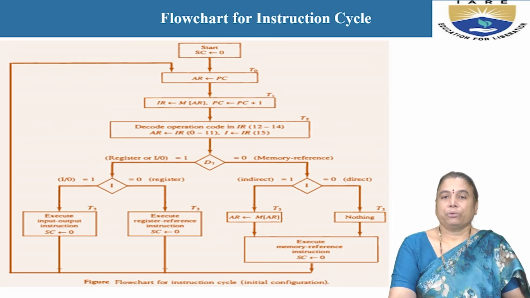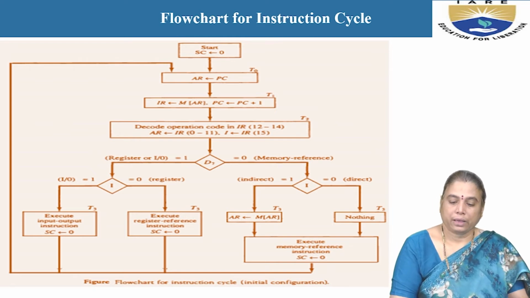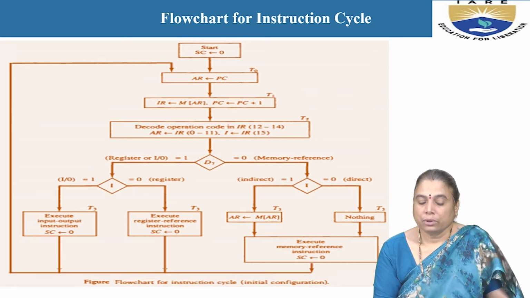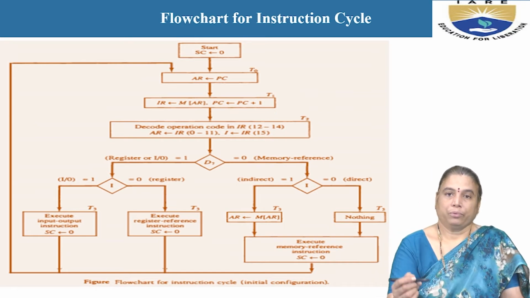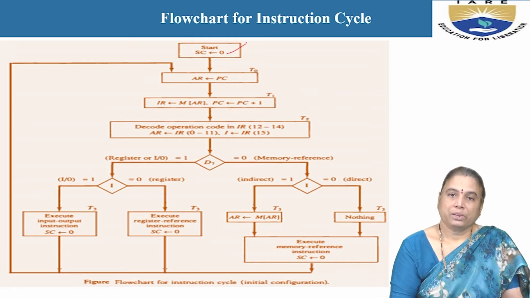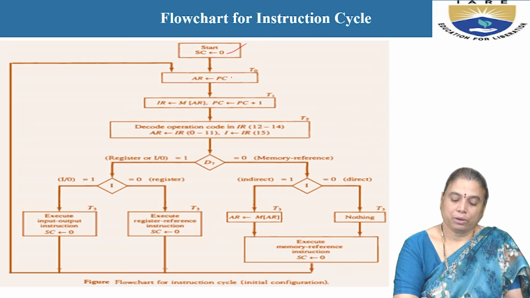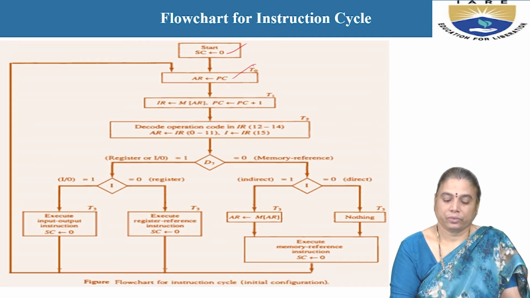Now we have to look into what the instruction cycle is. Here the sequence counter is first initialized to 0, and during the fetch phase, the PC value can be moved to the address register.